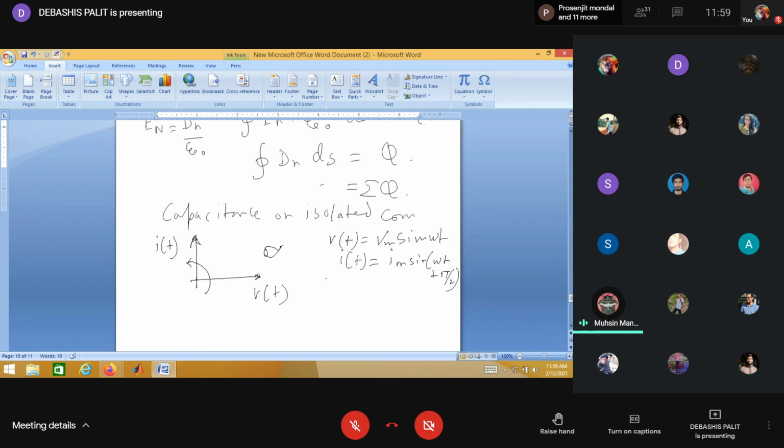So what is the physical significance of it? Physical significance is that the capacitance current phasor always leads the voltage phasor. You have to consider an alternating voltage like this. This is your voltage phasor.